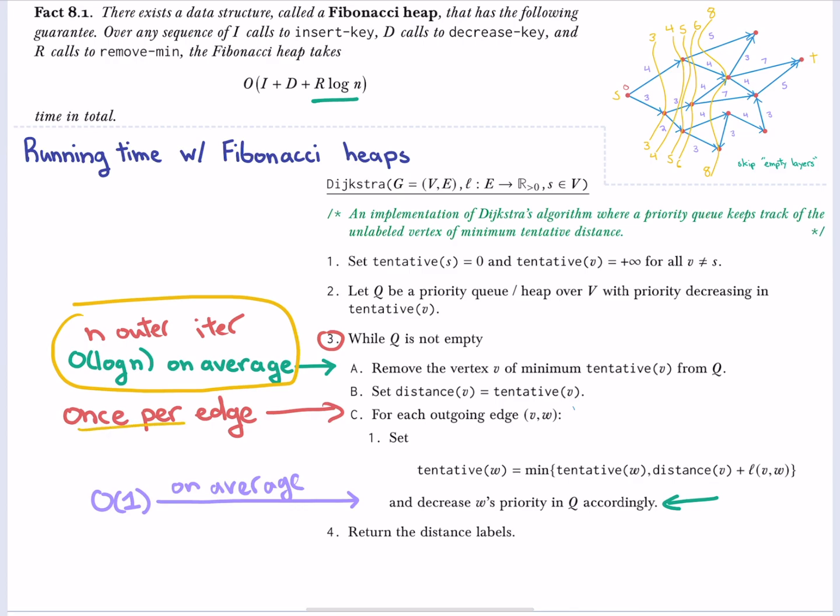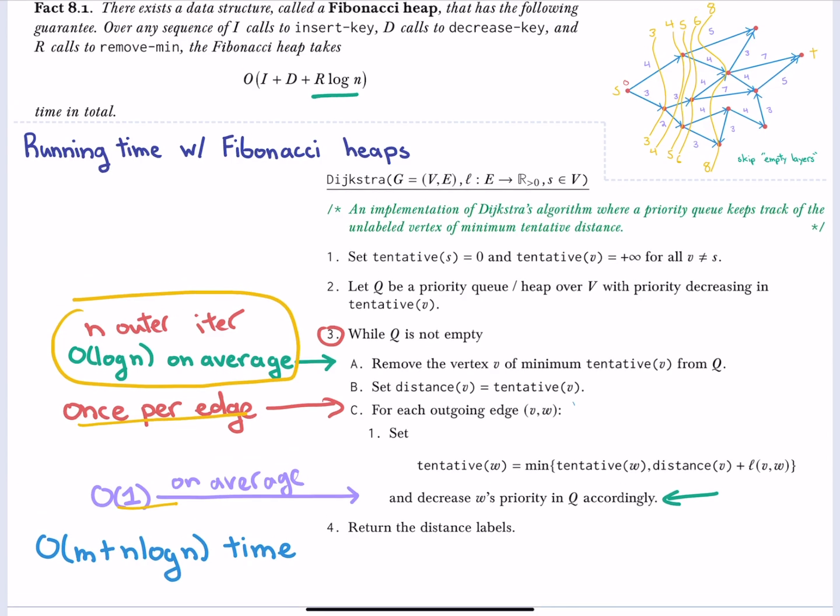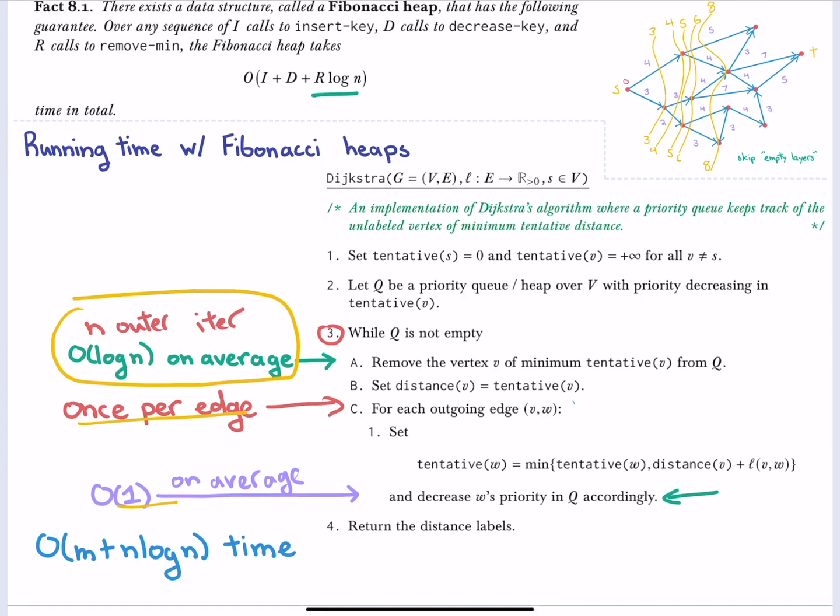We are still doing, for every edge, constant work on average. So you put that all together, and you get m plus n log n running time. So we're able to move the log n off of m. And m is usually at least as large as n. It could be as large as n squared, in which case it's great that we move the log n off of it. So that's the use of this spectacular data structure called the Fibonacci heap.